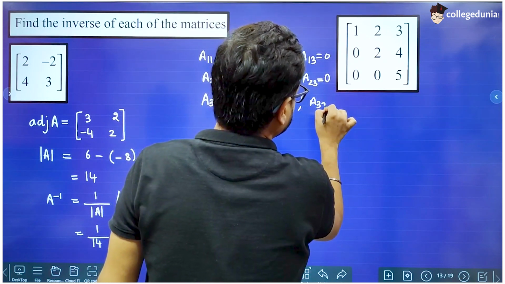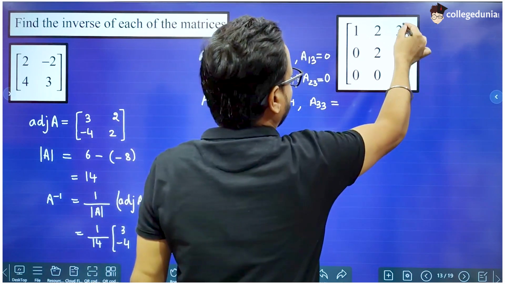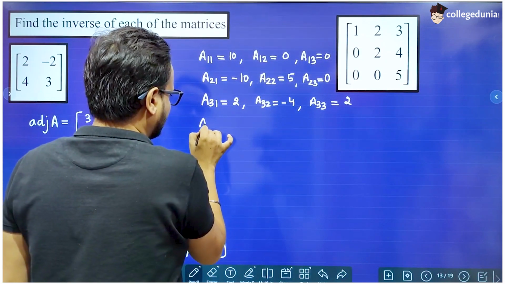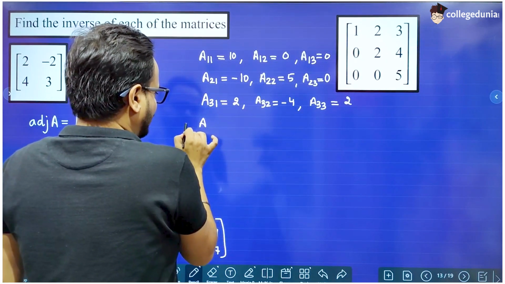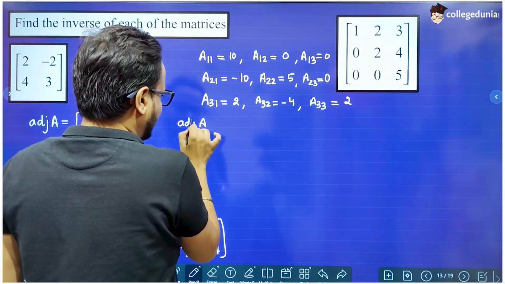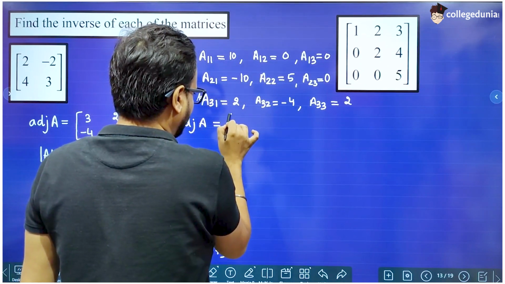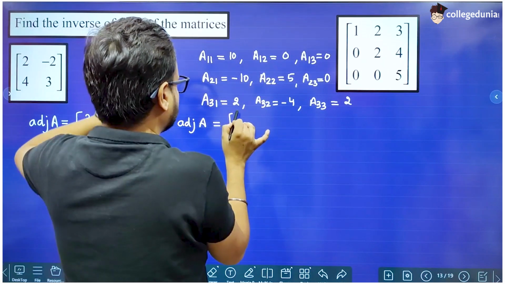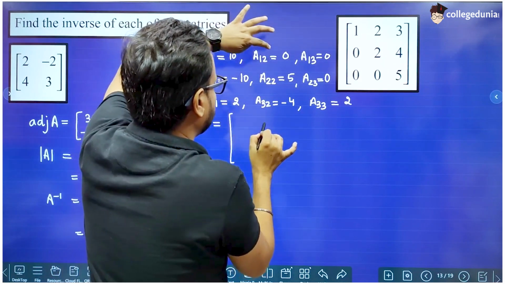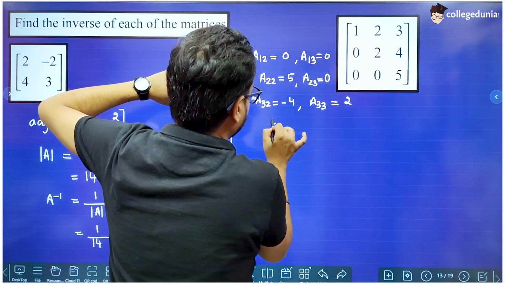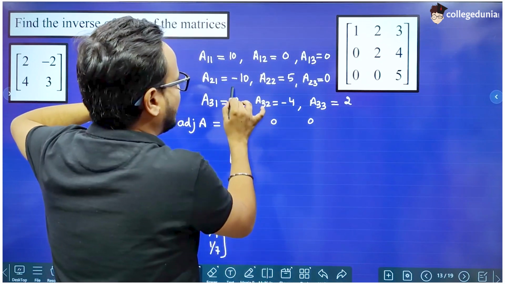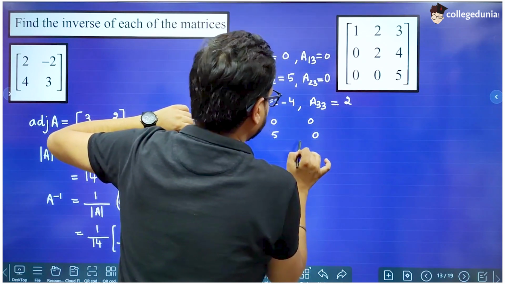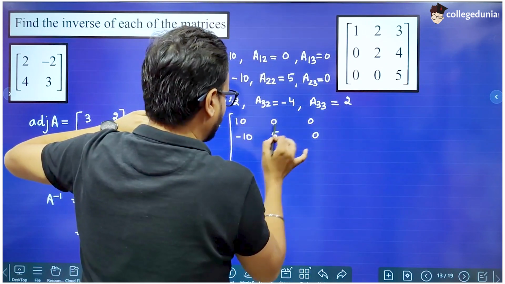And A33, positive 2. So adjoint A is the reciprocal of, let's make this matrix using the cofactors: 10, 0, 0, 10, 0, 0, minus 10, 5, 0, minus 10, 5, 0, 2, minus 4, 2.